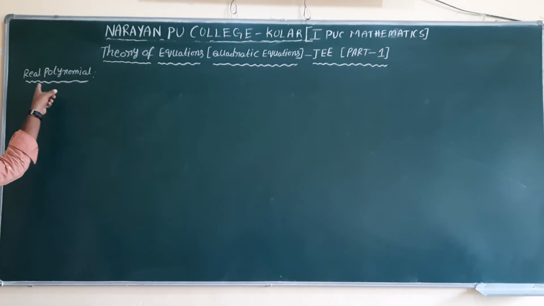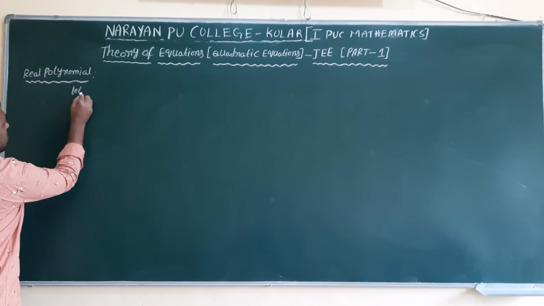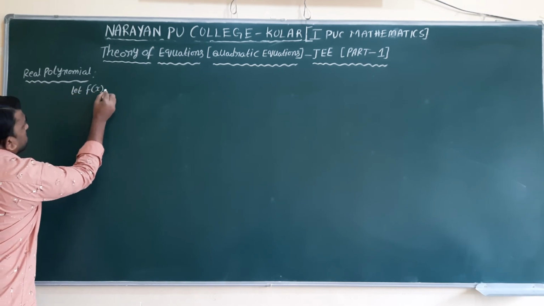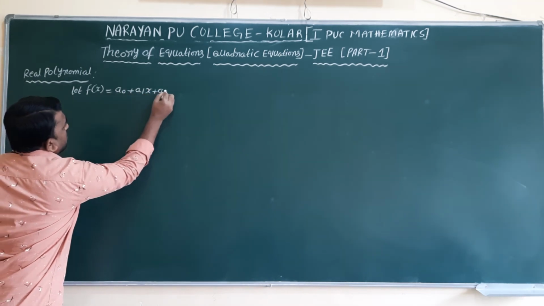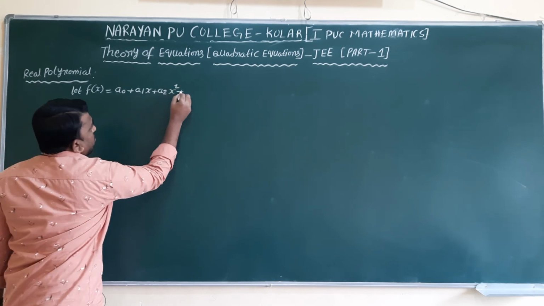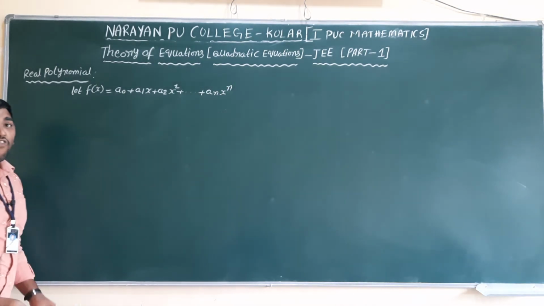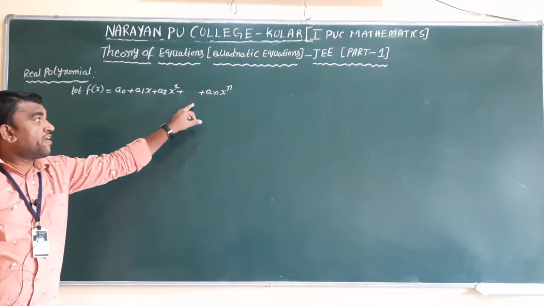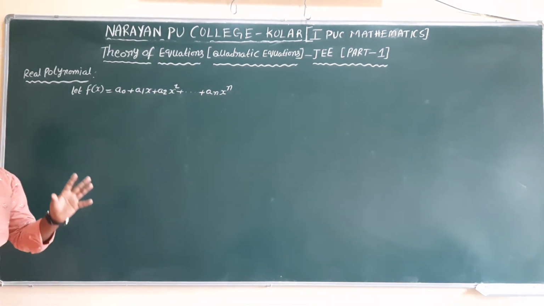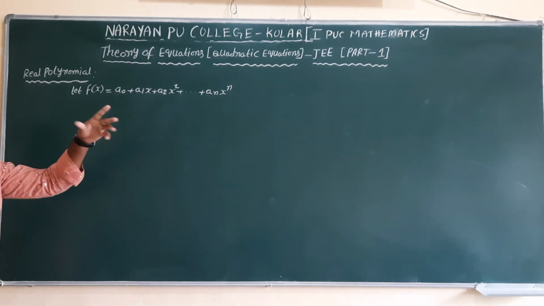In the same manner, how do we define the real polynomial? Let us take f of x equal to a0 plus a1x plus a2x square plus and so on an x power n, where a0, a1, a2 and so on an are real coefficients or real numbers, and x is the real variable.